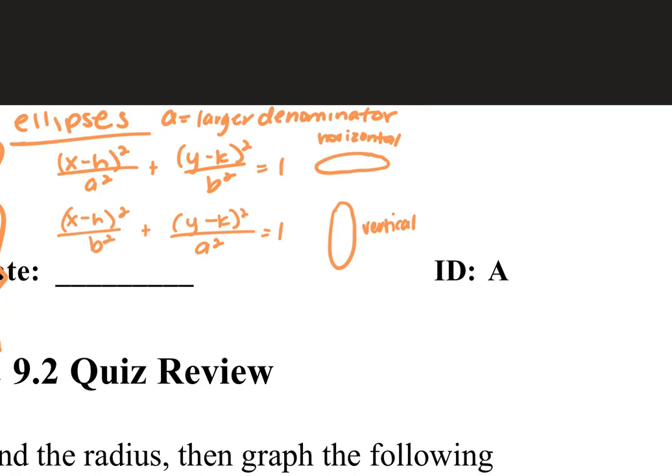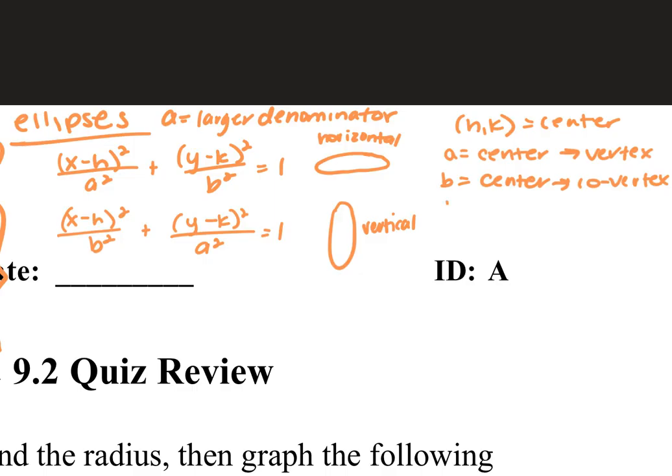For ellipses, h, k is your center. a is the distance from center to vertex. b is center to covertex. c is center to foci, or individually a focus. c squared equals a squared minus b squared.